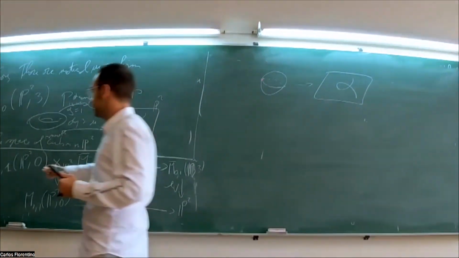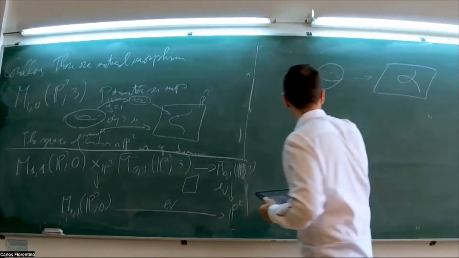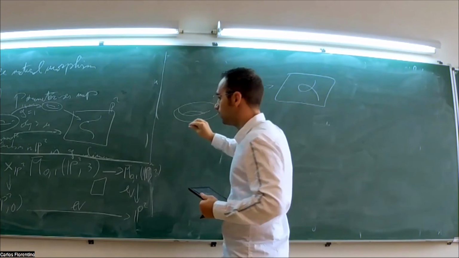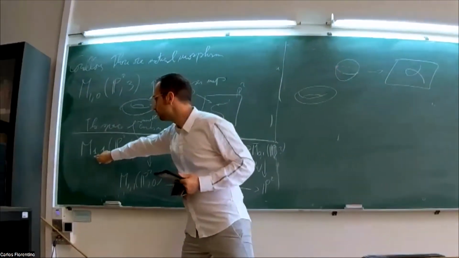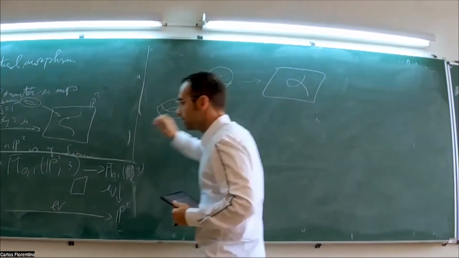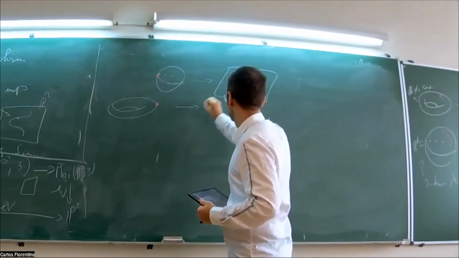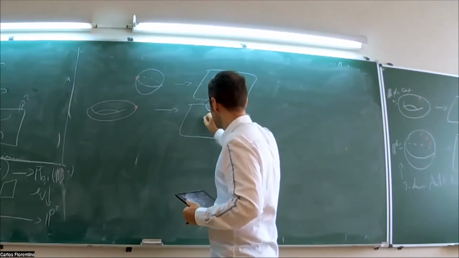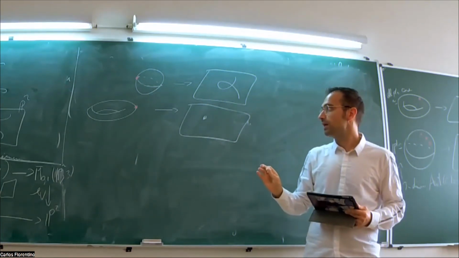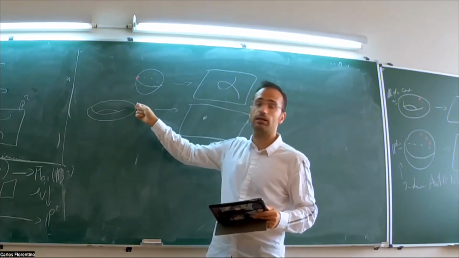And here I consider the maps from genus 1, one marked point, and of degree 0, so contracted. Note that this is perfectly fine, because this is stable, because it's genus 1 with one marked point.